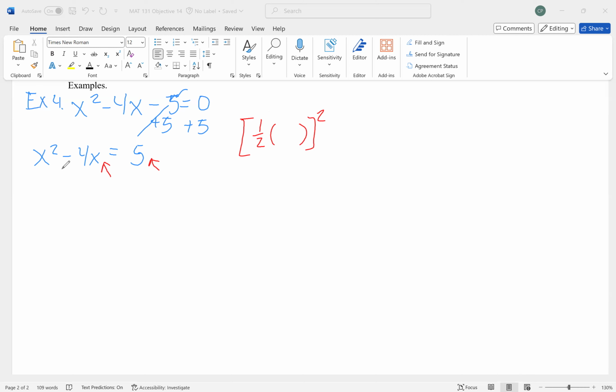The coefficient of x is -4. 1/2 times -4 is going to be -2. And I'm going to have to square that. -2 squared is going to be +4. So that is what I will be adding on both sides, 4.